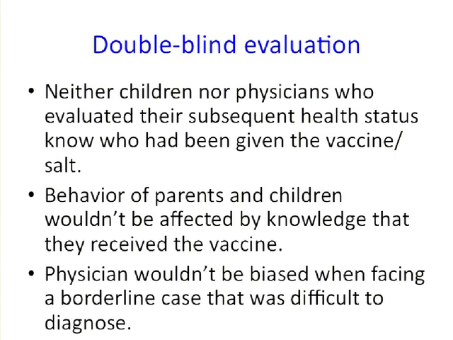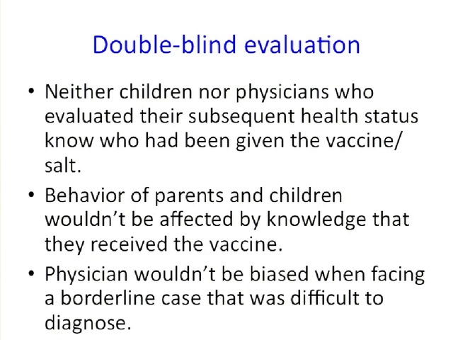In addition to that, there are borderline cases of polio. And if the physician knew whether or not the child had received the saline solution or the actual vaccine, that might affect his or her determination of whether or not they actually got polio. So the physician's not told either.